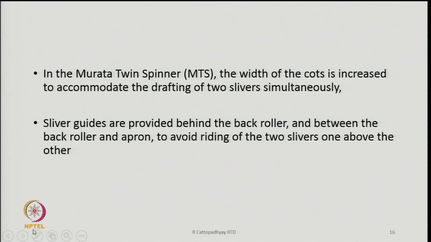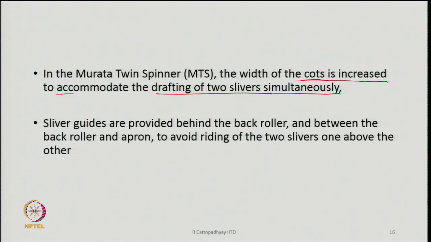In the Murata twin spinner, the width of the rollers has been increased to accommodate drafting of 2 slivers simultaneously. In the Murata twin spinner, I am drafting 2 slivers simultaneously.